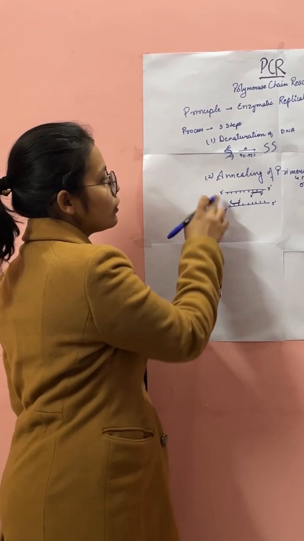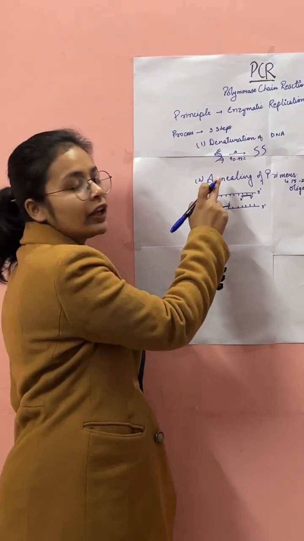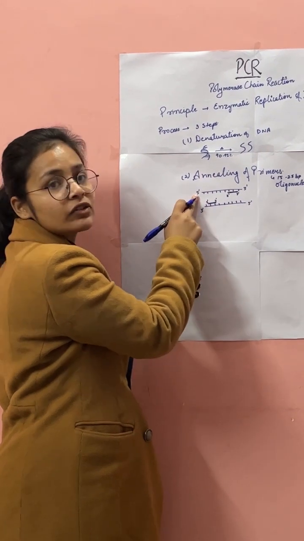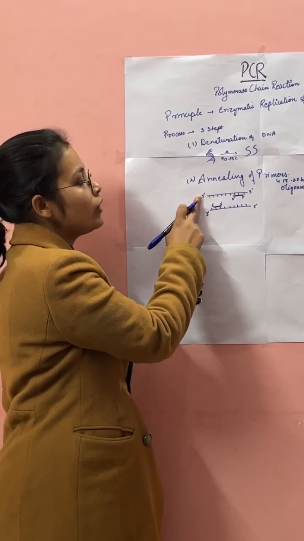So this is the process of annealing. Annealing means binding. Binding of primers to single strands of DNA or template strands of DNA.